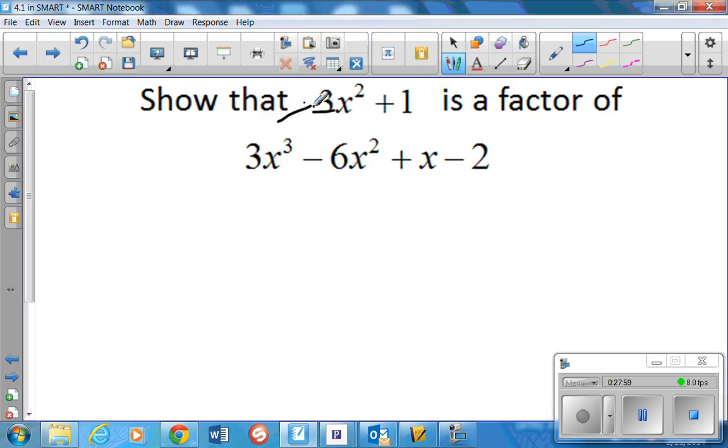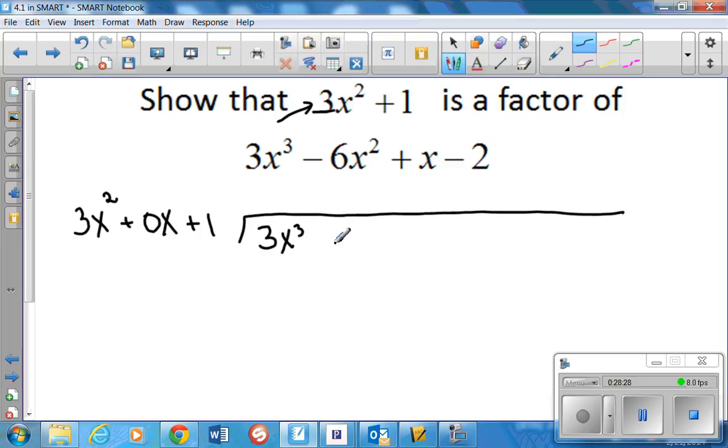Can I use synthetic division? Wish I could. I use this one on purpose because with long division, you've got to do the same thing. I've got to put in a 0x and a plus 1 into a cubic.